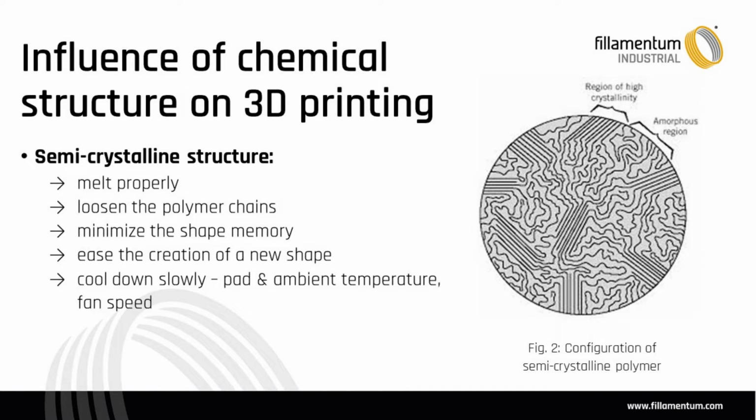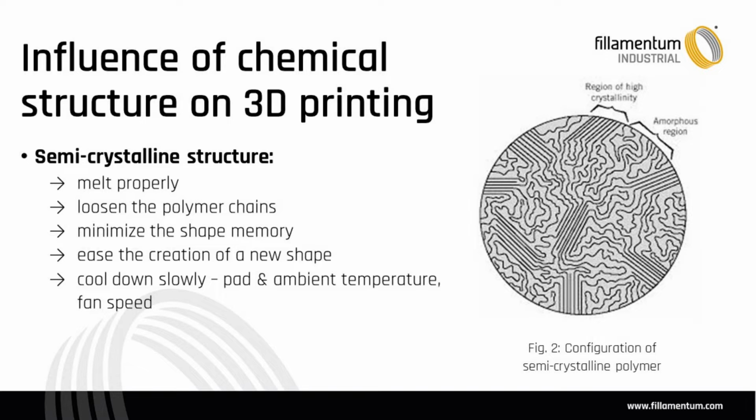If we have a closer look at the relation between chemical structure and 3D printing, we need to understand the semi-crystalline structure and how it influences the processing. It is really important to understand that the semi-crystalline regions are very well stacked by the intermolecular interactions, and it needs to be melted properly.